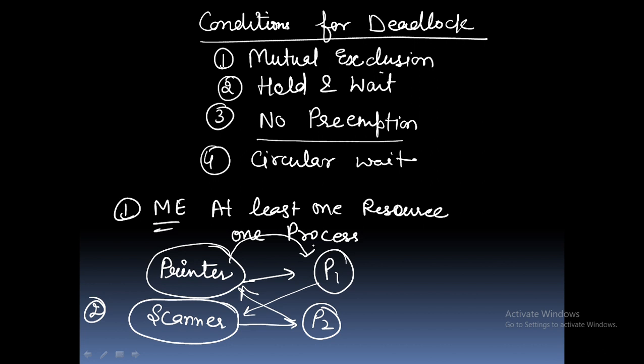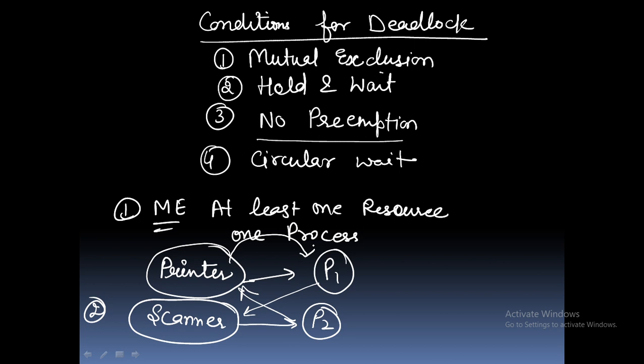If P2 tries to forcefully take that printer, that is called preemption. So the condition is no preemption, that means P2 cannot forcefully take the printer from P1, and this condition creates the deadlock.